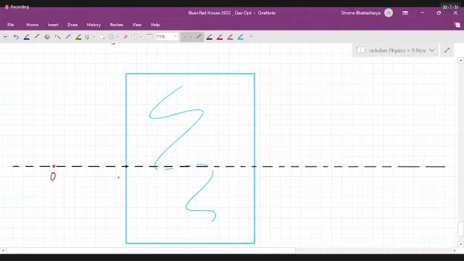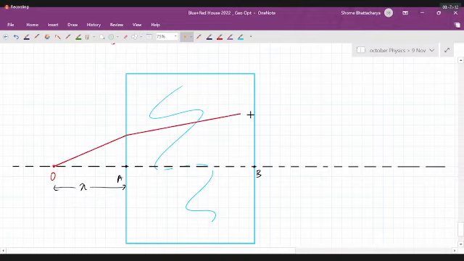Let's say this point here is A and this point here is B. And let's take this distance, sorry, OA is x. So our first refraction is happening from air to glass, and then our second refraction is happening from glass to air.